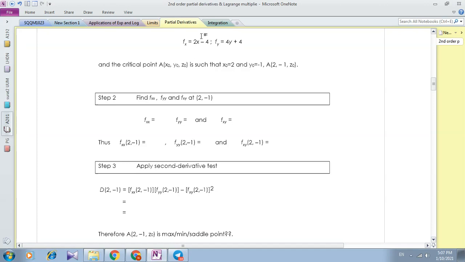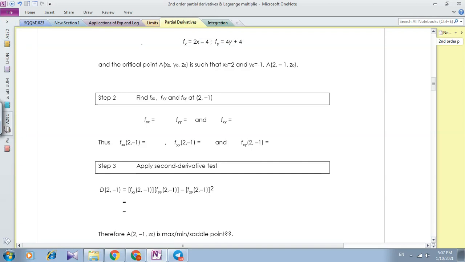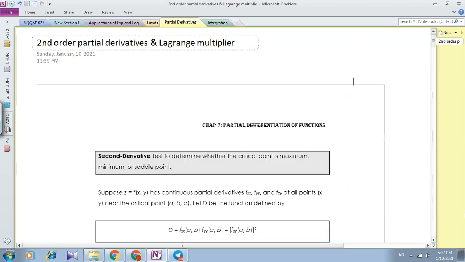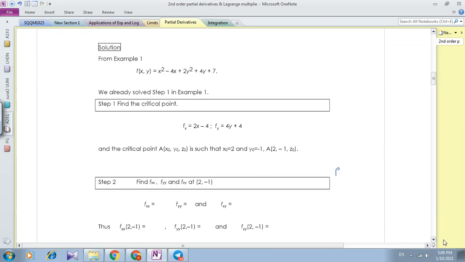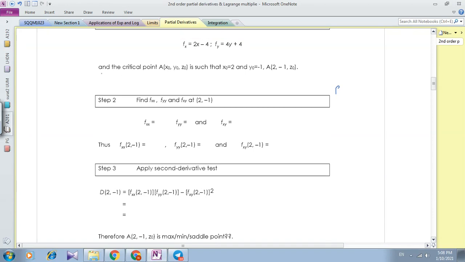So from here, we will find fxx, fyy, and also fxy. Let me write here. fx is 2x minus 4.